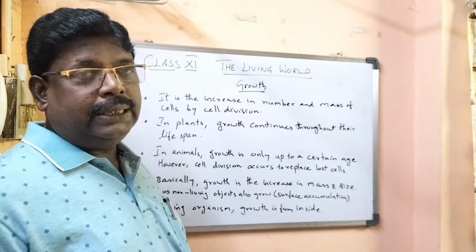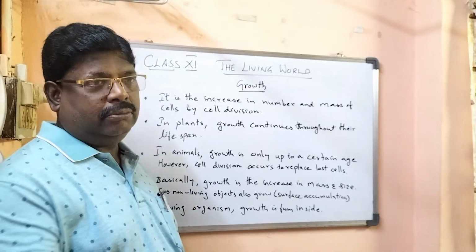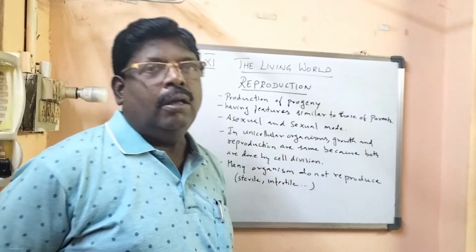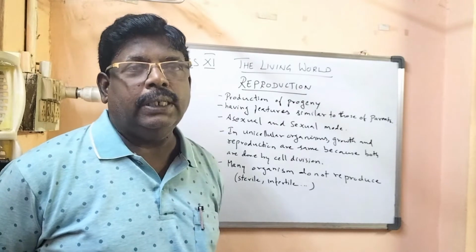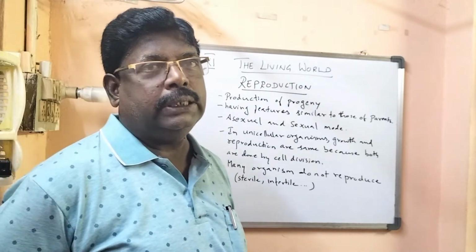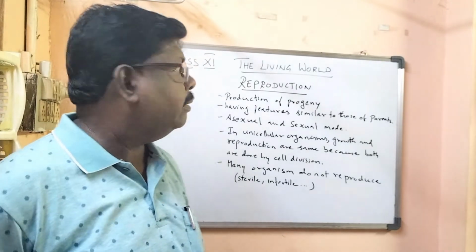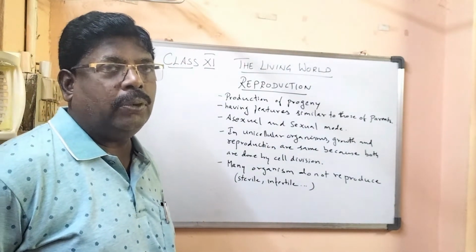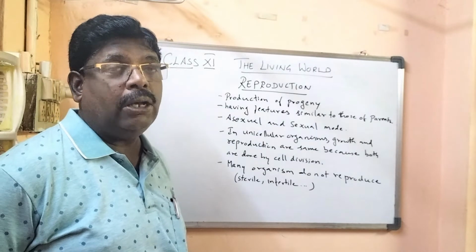So next we'll be seeing about reproduction. The next important property of living organisms is reproduction. You all know that reproduction is production of progeny. Progeny means offspring or young ones.